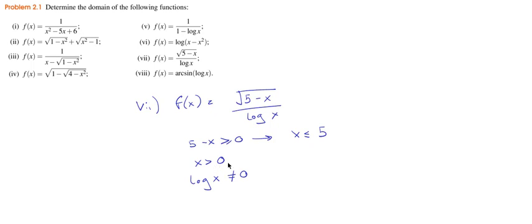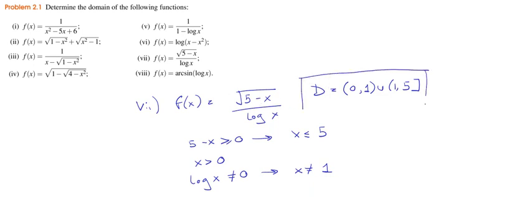Then x has to be greater than 0, and x has to be different than 1. You see? So combining all these things together, x has to start at 0 and go to 1, and then union 1 to 5, closed, okay, because 5 minus 5 is 0, and then we would have 0 as the value of the function, okay.